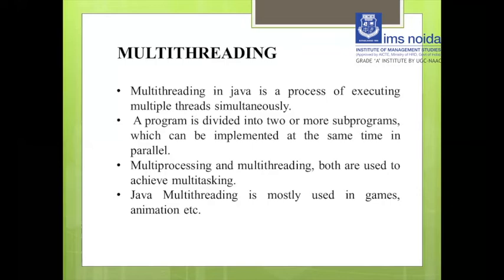We use multi-threading rather than multiprocessing because threads use a shared memory area. They don't allocate a separate memory area, so it saves memory. And context switching between threads takes less time than between processes.